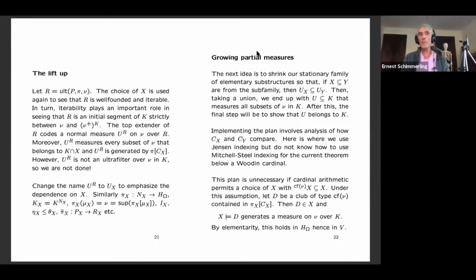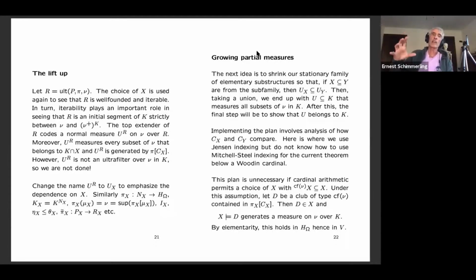So this top extender of R, which I'll call U_R, measures subsets of nu that belong to R, but R is a level of K strictly between nu and nu plus of K. So R doesn't have all of the subsets of nu that belong to K. So we've made some progress.